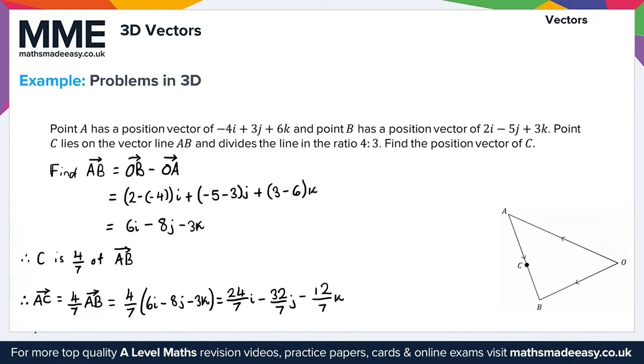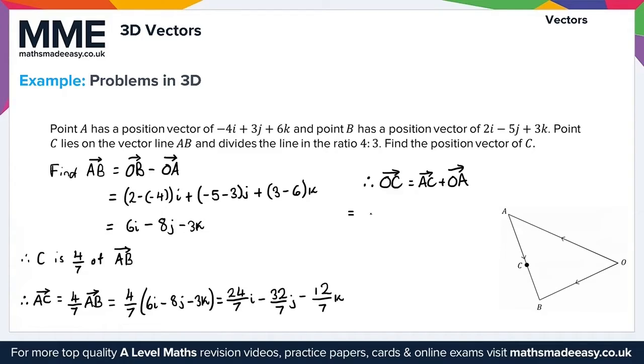Now what we want is the position vector of C, so we need the vector OA plus the vector AC. So for the position vector OC, that's going to be the vector AC plus OA. It doesn't matter which way we do this addition; you could have put OA plus AC.